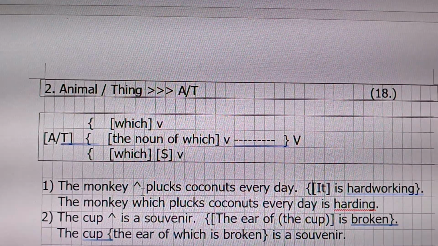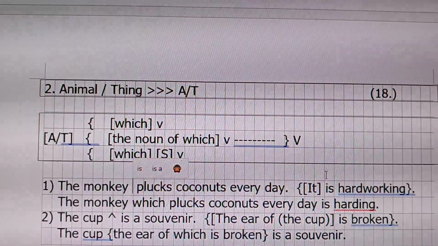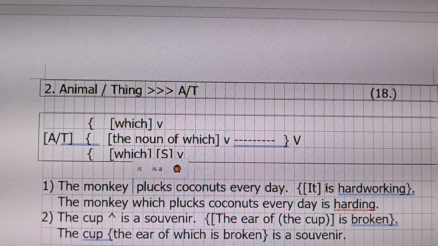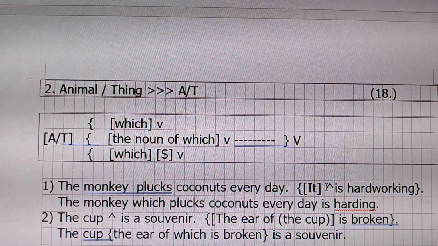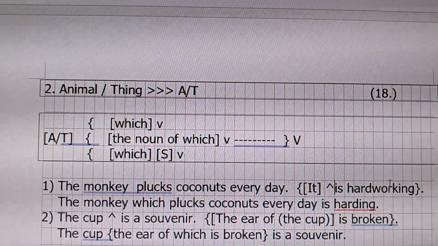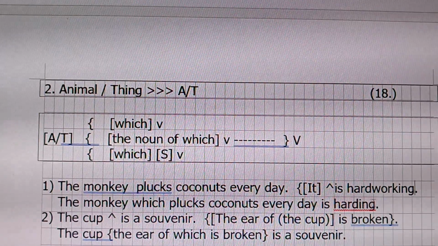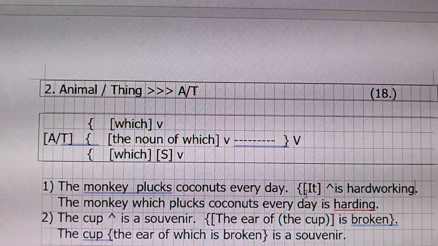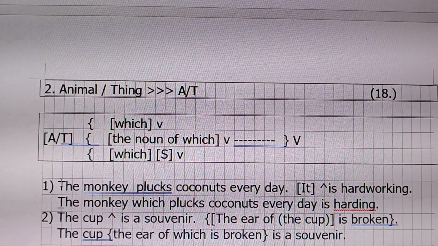Sorry, this should be placed here. You change it into the monkey. So this is the main clause, not the subordinate clause. This is the subordinate clause.